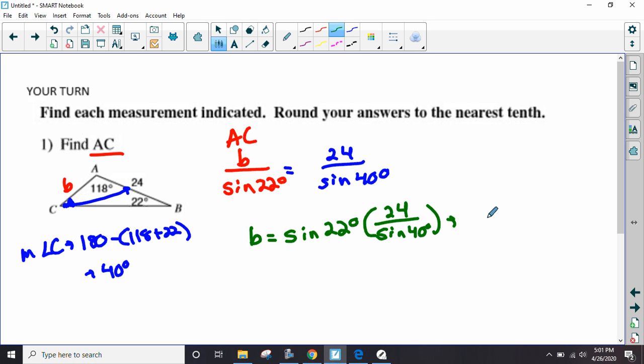When we do that, 24 over the sine of 40 and then times the sine of 22, you end up getting 19.98. We have to round to the nearest tenth. We look at the hundredths place, which is over 5, so it rounds up. This actually ends up being 20.